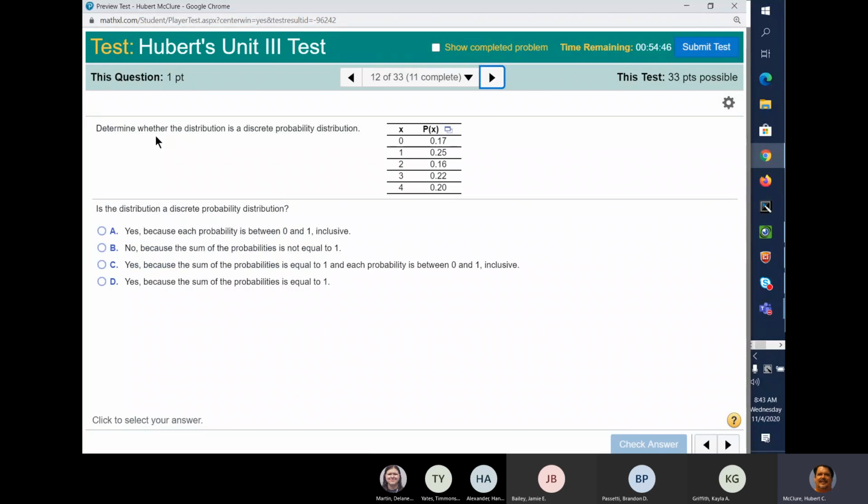Okay, this one is asking you, is this a probability distribution? Are there any negatives or whole numbers? Nope, so that's good. Now somebody add those up for me. 17 cent and 25 cent is what? 42 cent, 42 cent, 58 cent, 80 cent, and 20 cent.